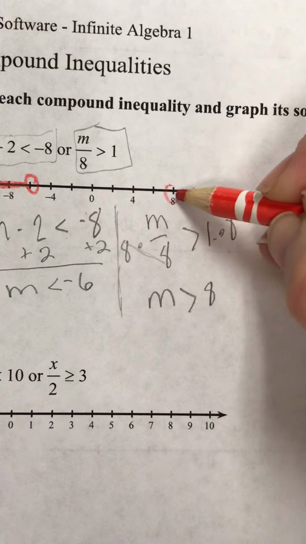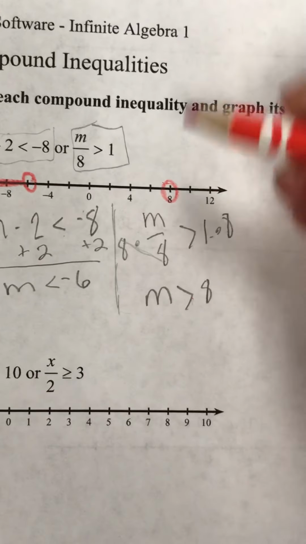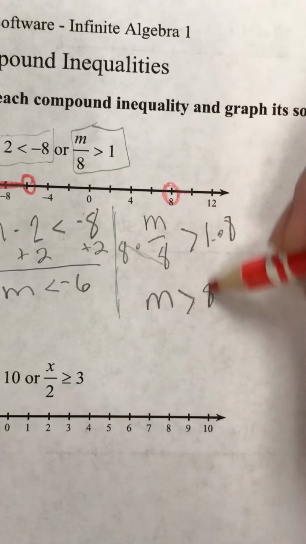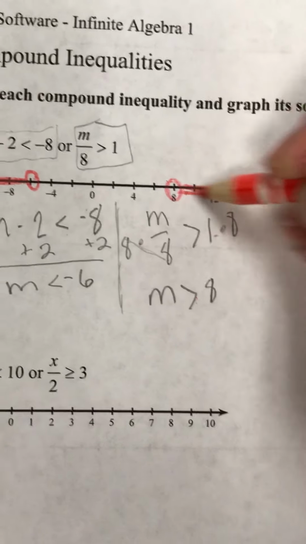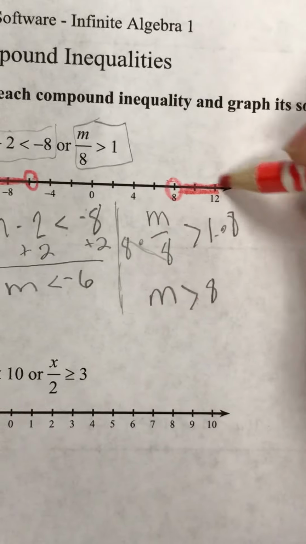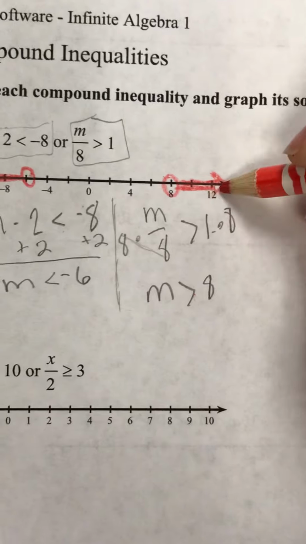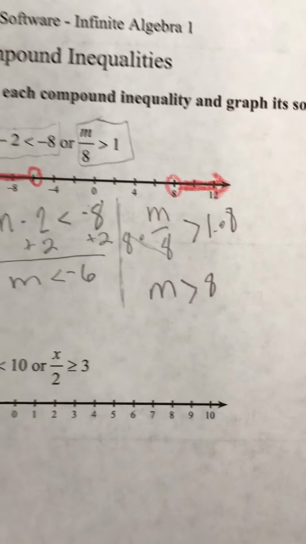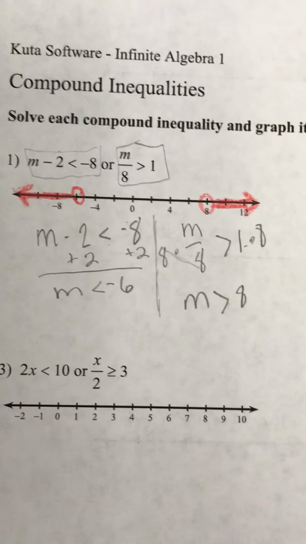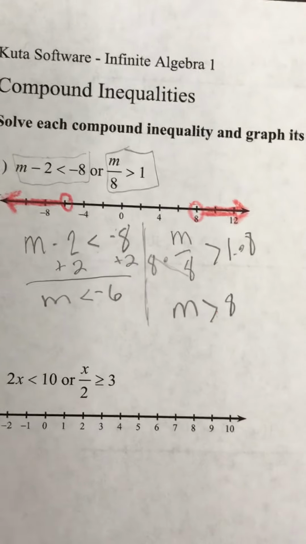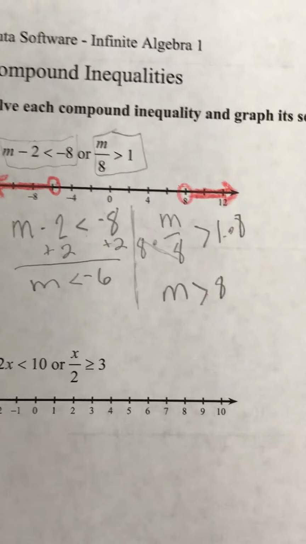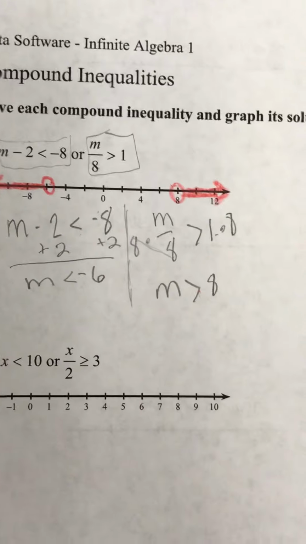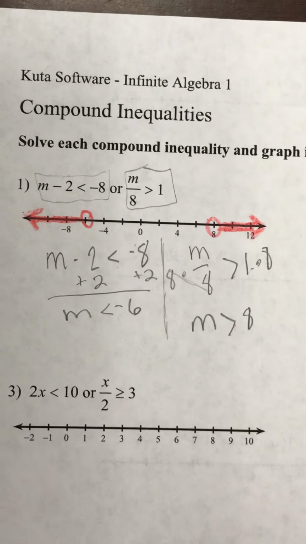Don't fill it in because, once again, we don't have that equal to. And then it has to be greater than, so it's going to go the opposite direction. And so that would be our answer. It's either one of those. So m is in one of those segments, but it can't be in both of them at the same time.